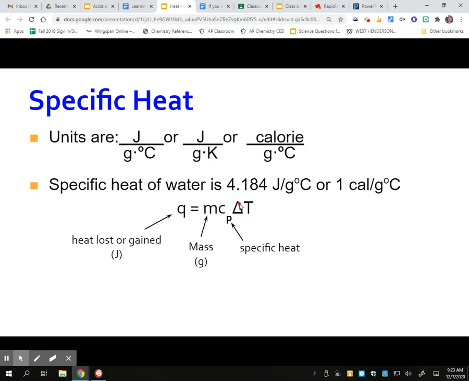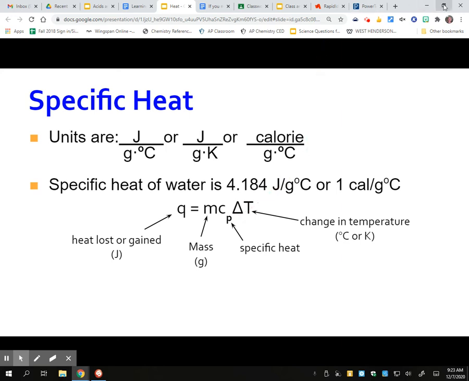We use it a lot in chemistry, and what we use it for is to mean change in. So if capital T is temperature, delta T is our change in temperature. Again, it can be in Celsius or it can be in Kelvin, whichever, they're going to be equal to one another because we're dealing with a change in.